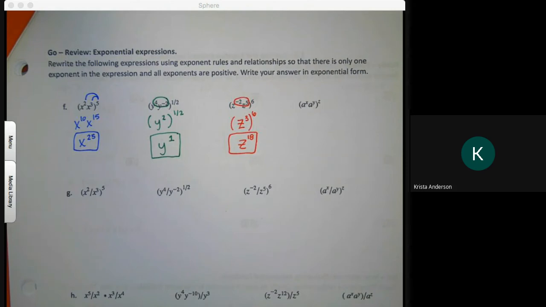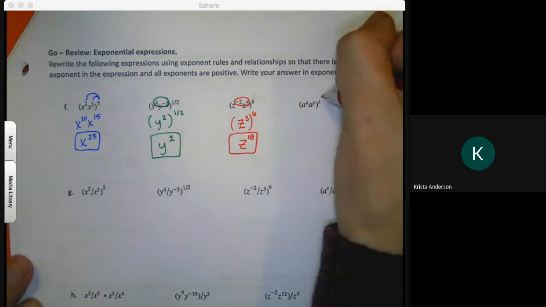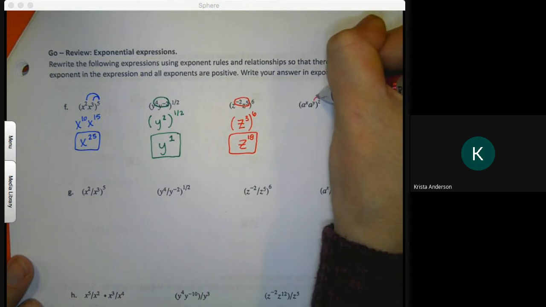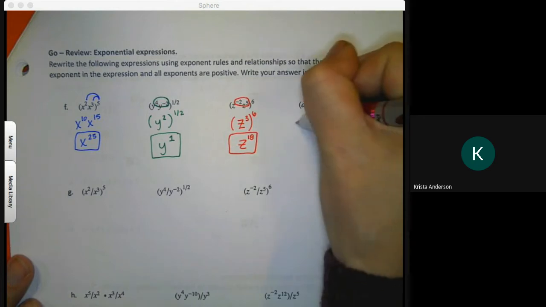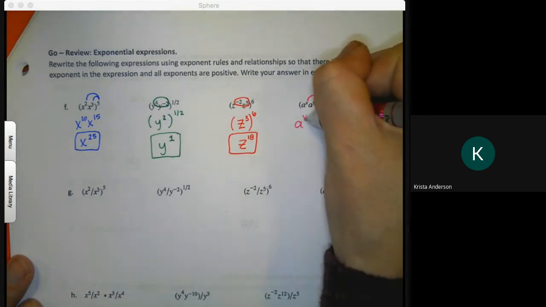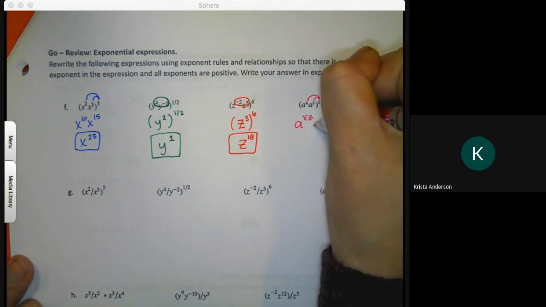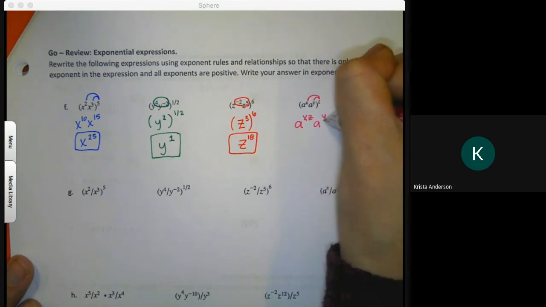Now they gave us letters. I'm gonna multiply this in first. I'm gonna do it this way, which would give me an x times z and a y times z.